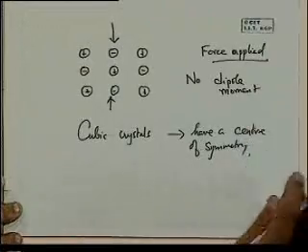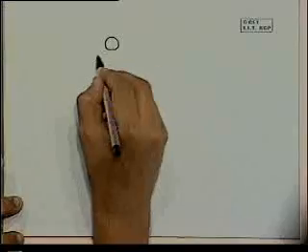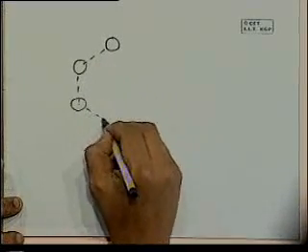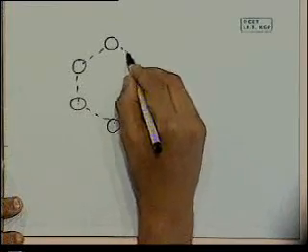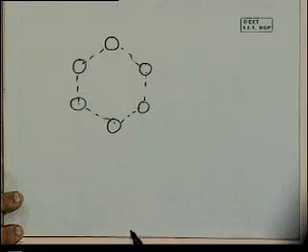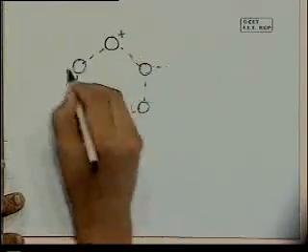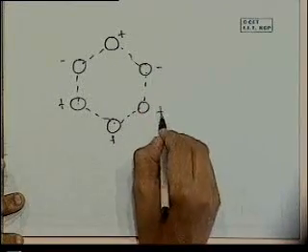Now we come to another example, namely a hexagonal crystal. And we'll draw the hexagon very quickly. Now my drawing will probably give you a distorted picture, but use your creative imagination. Let's say we've got a positive ion, negative, positive, and so on.